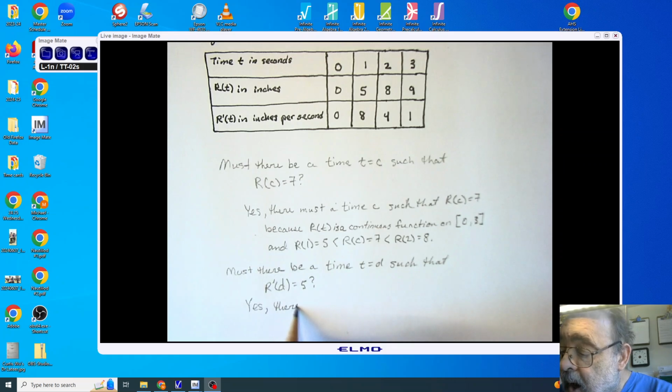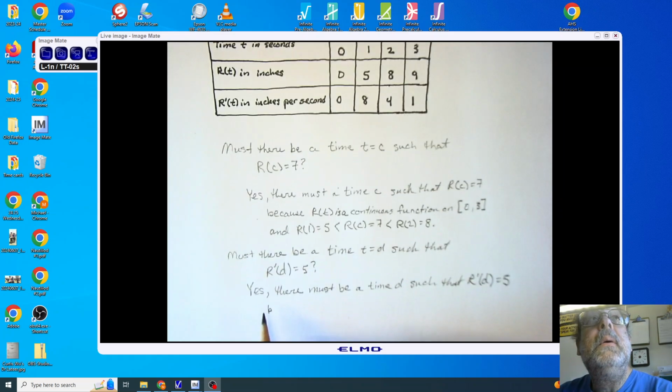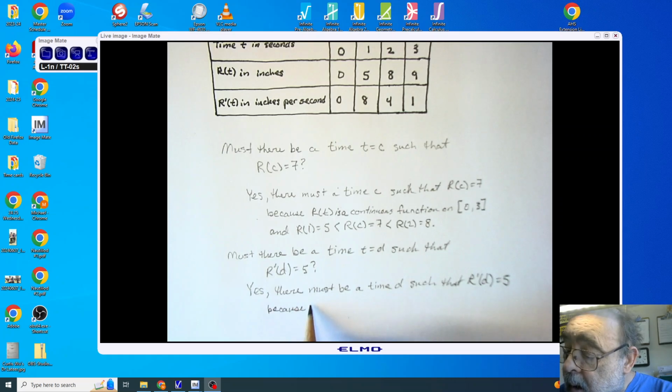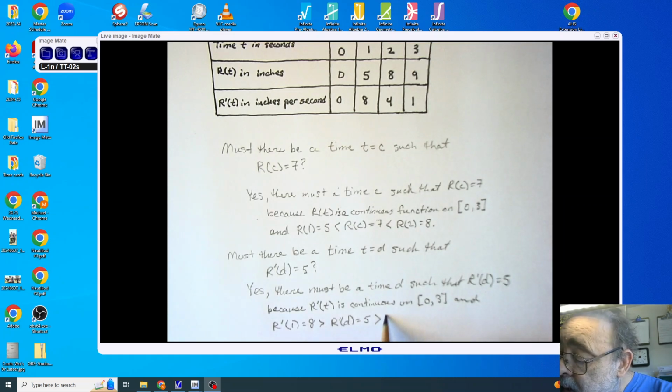Yes, there must be a time d such that r prime of d equals 5 because r prime of t is continuous on the closed interval 0 to 3, and the inequality: r prime of 1 equals 8 is greater than r prime of d equals 5 is greater than r prime of 2 equals 4.